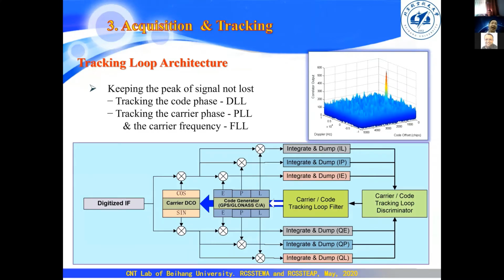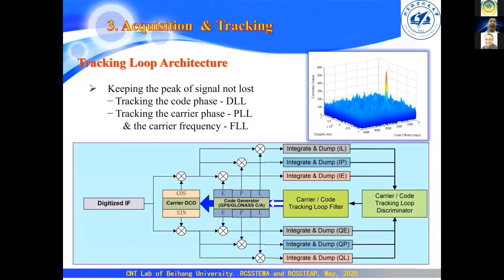But for GPS, for example, we have 12 satellites above your head, so it is not possible to have 12 hands to tune each satellite's frequency. So this tuning is done automatically by the computer, or maybe by the chips. We call it the tracking loop.